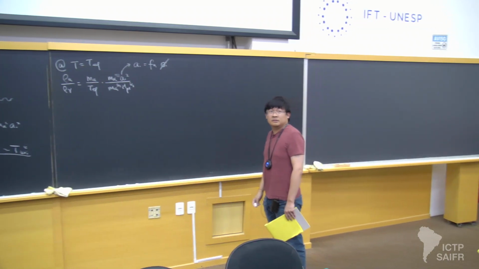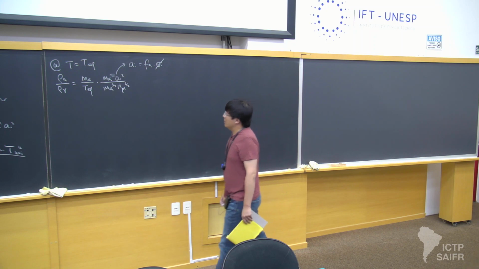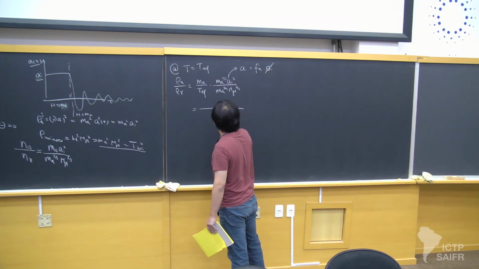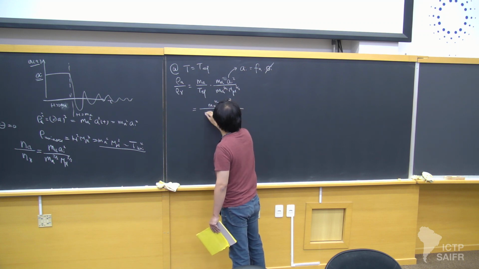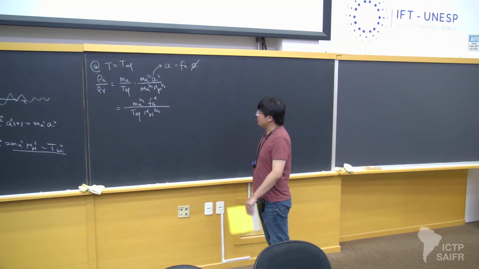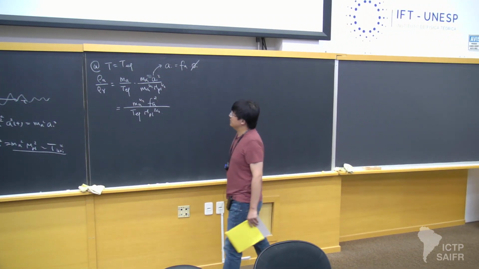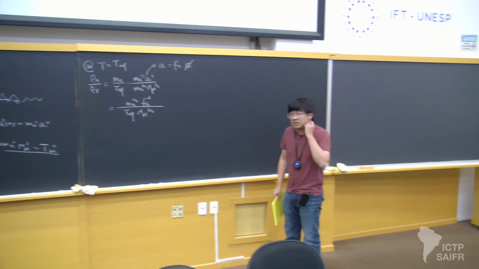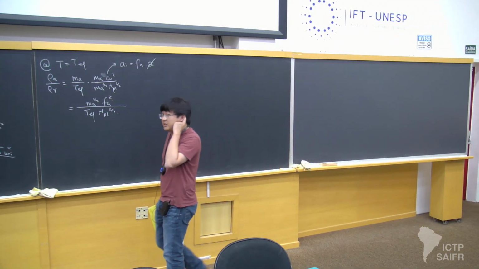So now what I get is ma to the 1/2 Fa squared over T equality and Planck 3/2, right? Up to this point, I reduced my density ratio to 2 parameters. It depends on the mass of the axion and the axion decay constant.